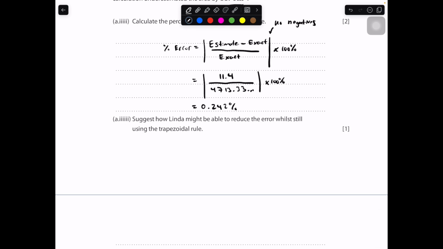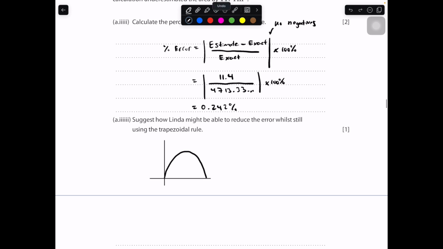Alright. Suggest how Linda might be able to reduce the error while still using the trapezoid rule. She can reduce the error by increasing the number of intervals. So if you take some function, just really quick to give you a demonstration, let's say we have just a plain quadratic. If we just have two intervals, we have something like this, right?